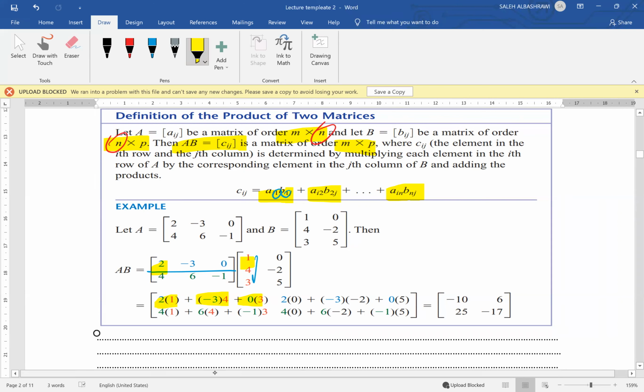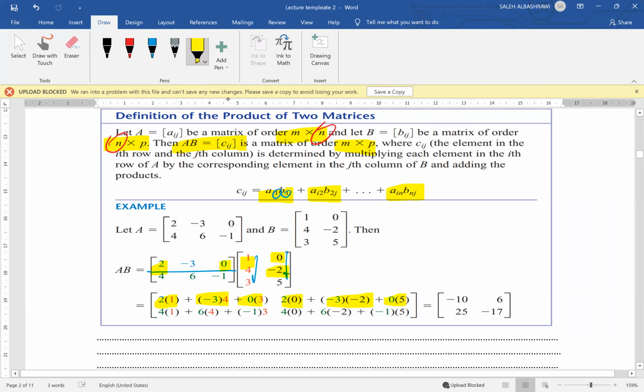Then we move to the second column. Apply the same concept: 2 times 0, minus 3 times 2, and 0 with 5, is equal to this one. We are done with the first row with the first column and second column, and we move to the second row.